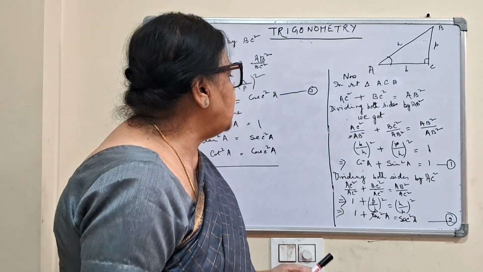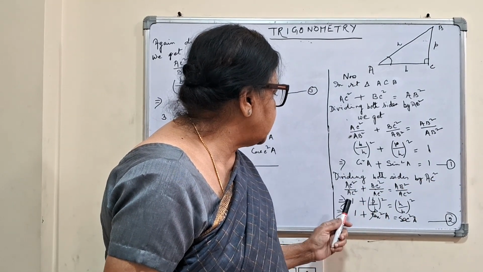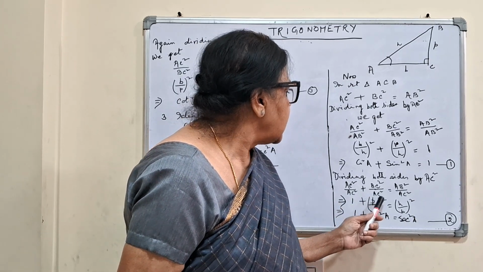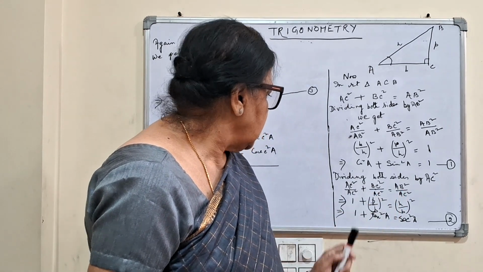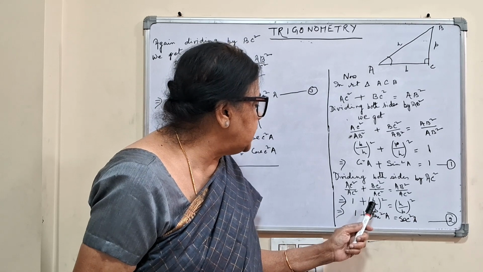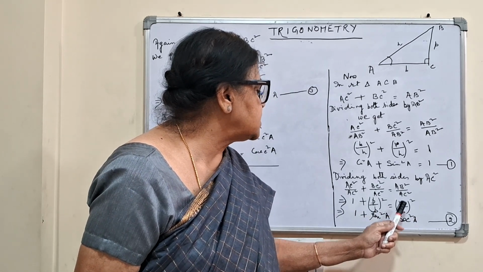Okay, then dividing both the sides by AC square, AC square by AC square plus BC square by AC square is equal to AB square by AC square. AC square by AC square is 1. This becomes perpendicular upon base whole square is equal to hypotenuse upon base whole square.